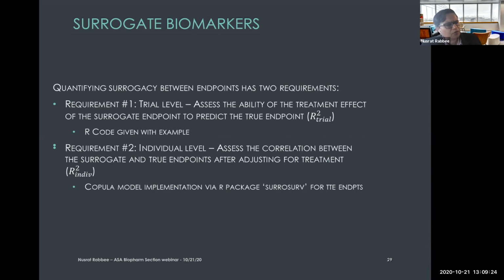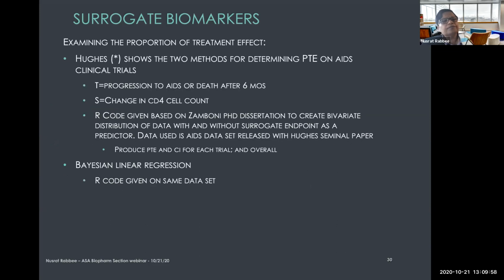You model, for example, the hazard based on the true endpoint as modulated by Z, the treatment, and second, the hazard modulated for the surrogate by treatment. And the third is you specify a copula function, where the hazard of S and the hazard of T for the true endpoint are tied together. And this is implemented in the code.